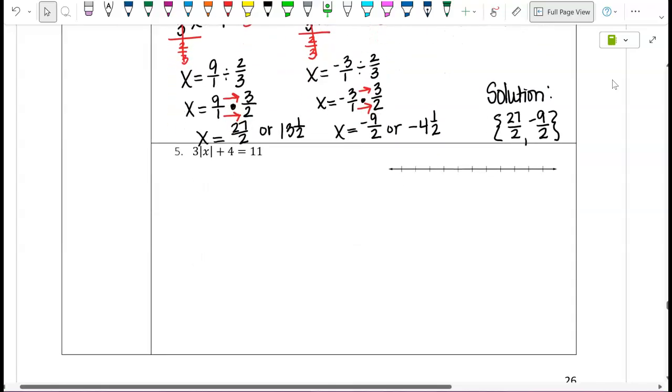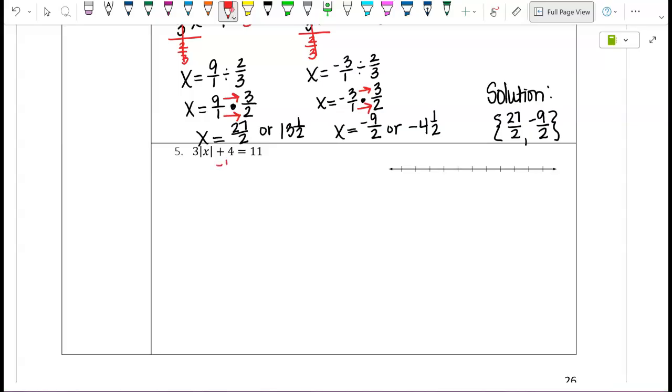Number 5, 3 times the absolute value of x plus 4 equals 11. Now I do have things that are outside of the absolute value on the same side. So I need to start by subtracting 4 from both sides here. So 3 times the absolute value of x equals 7.